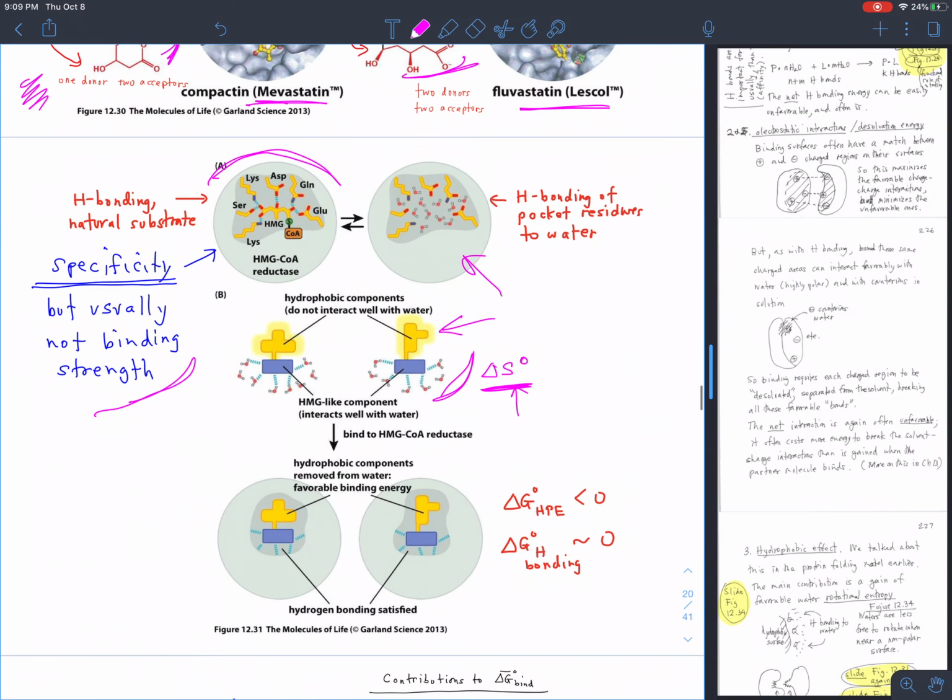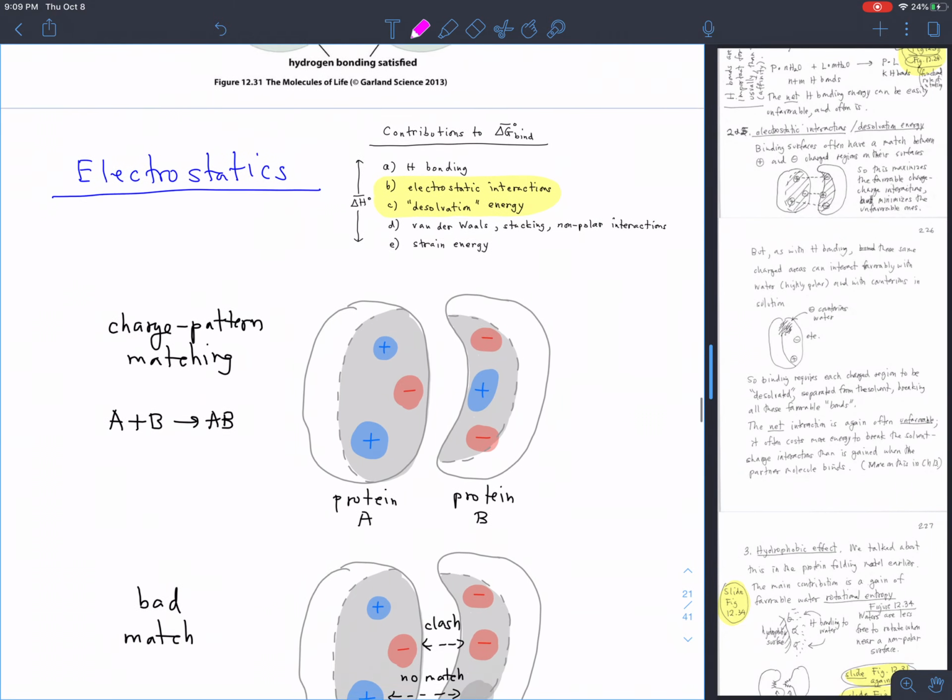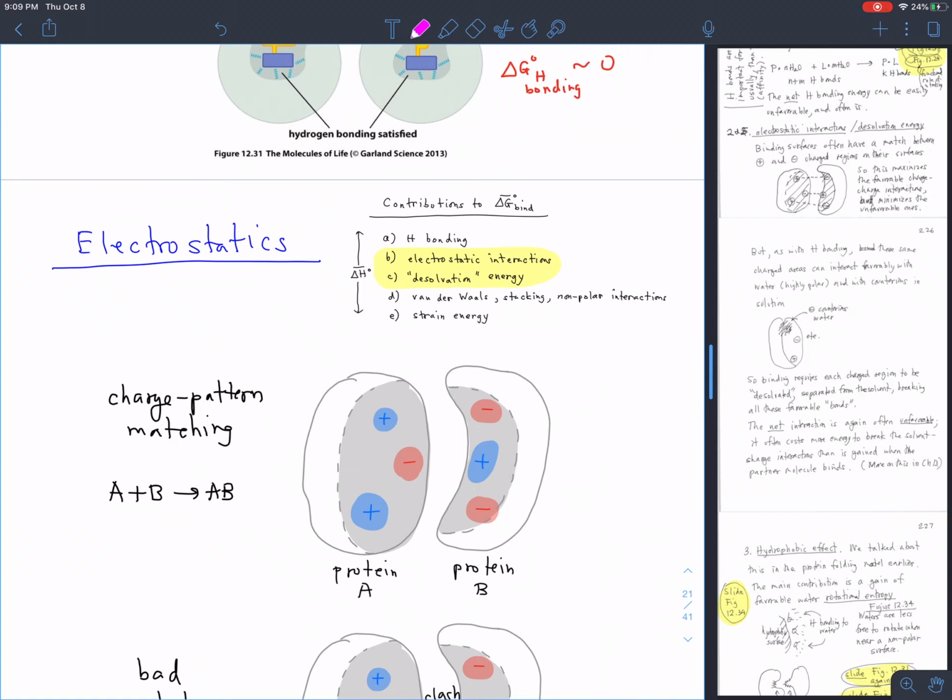All right, so that's one contribution, the hydrogen bonding, a nice and important contribution for specificity, not so much for binding strength. Another contribution is electrostatics. So that's these two terms, among our list of 5 contributions to the delta H. There are electrostatic interactions, but then there's also a contribution to the electrostatic interaction that we'll call desolvation.